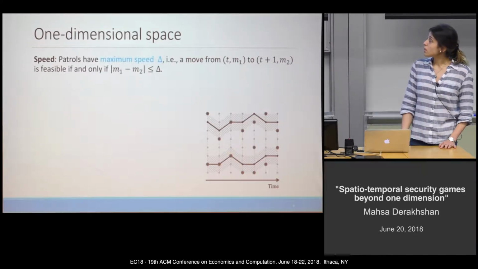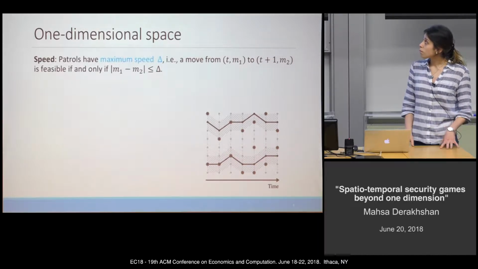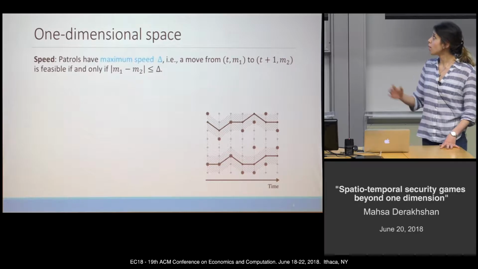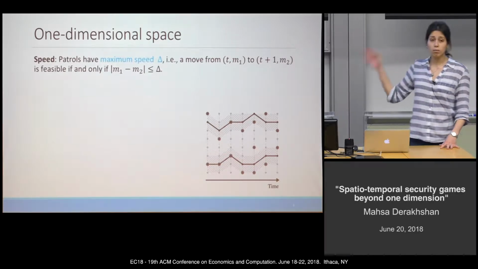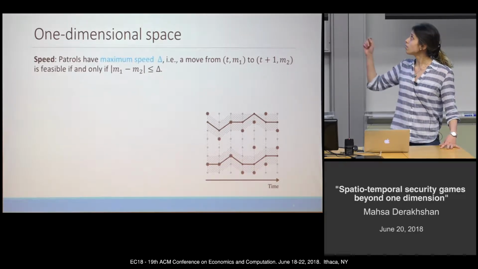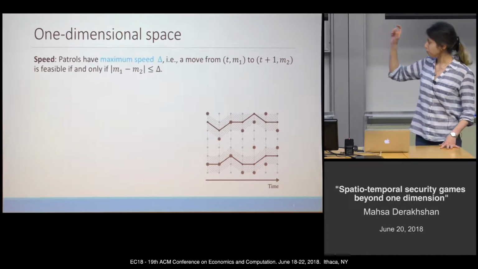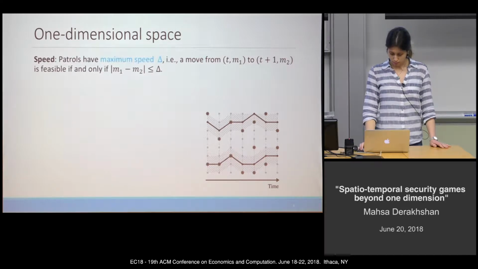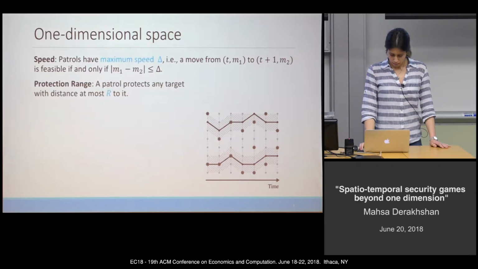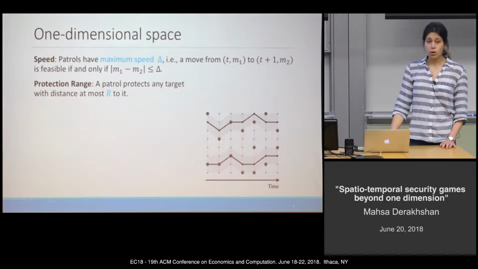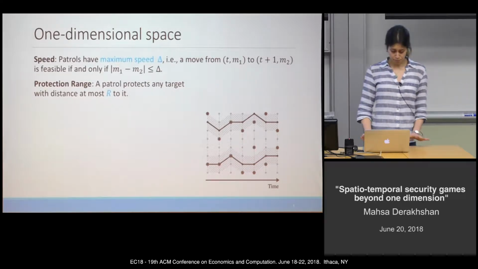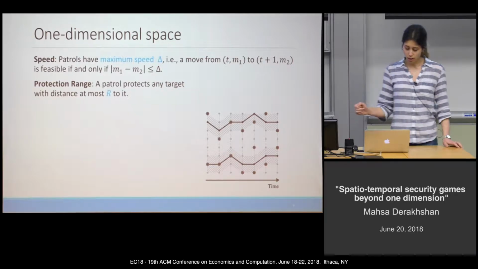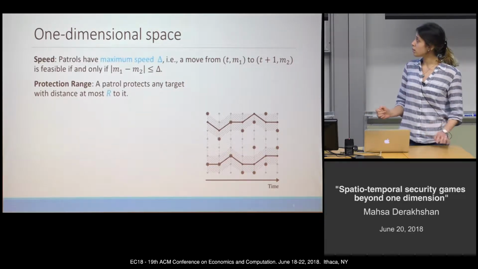In the one-dimensional space, patrols have limited speed, which means a patrol can move from position M1 to M2 in a single time point if the difference between M1 and M2 is at most delta. Also, patrols have a protection range, which means if a patrol is protecting a target, the distance between them is at most r.